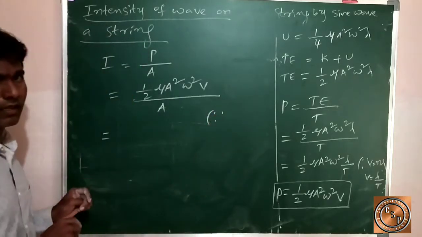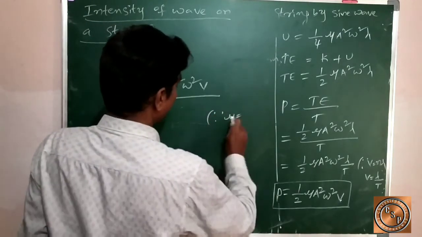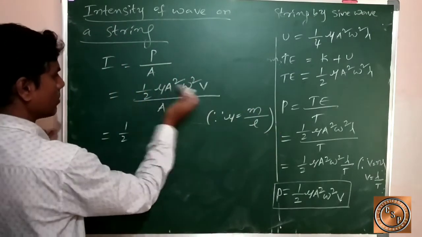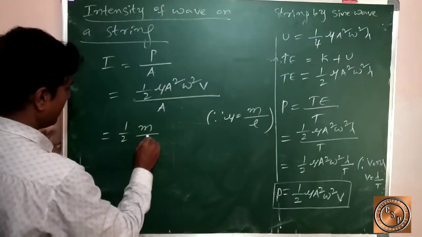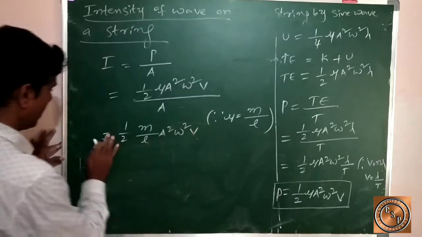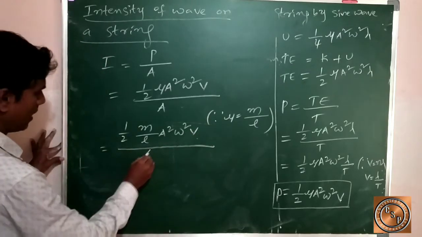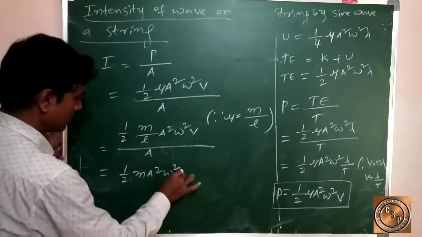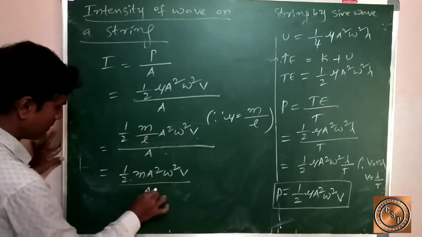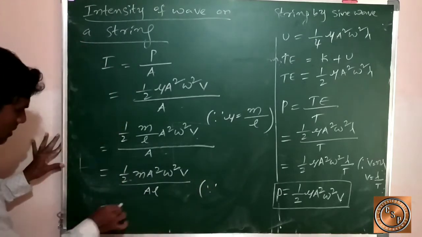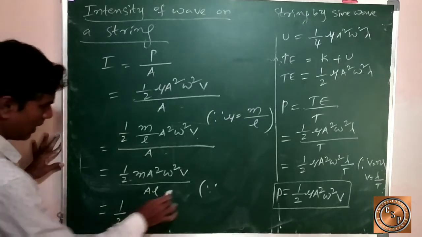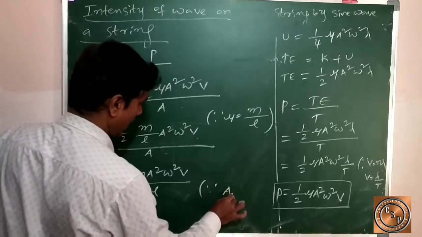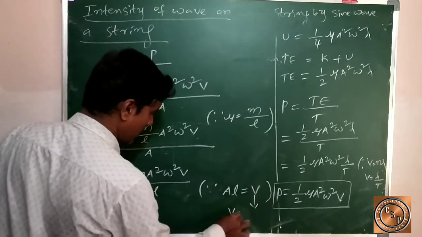Since we know that the linear density of the string mu equals mass per length, in the place of mu you can substitute M by L. M by L a square omega square V divided by A. Here is half into M a square omega square V divided by AL. AL is nothing but area into length, that is volume.